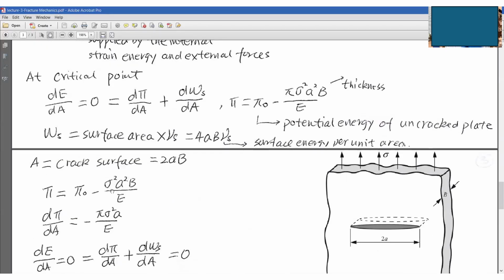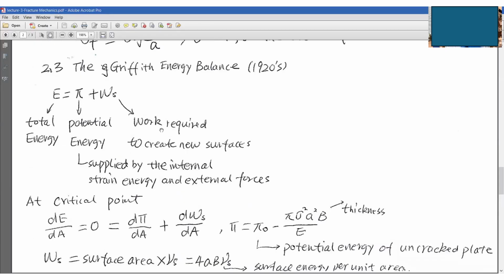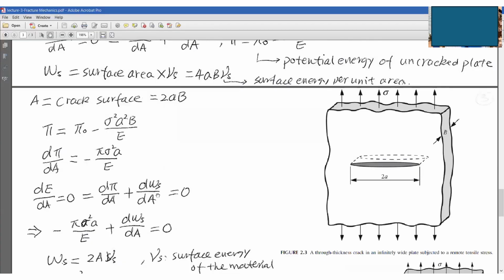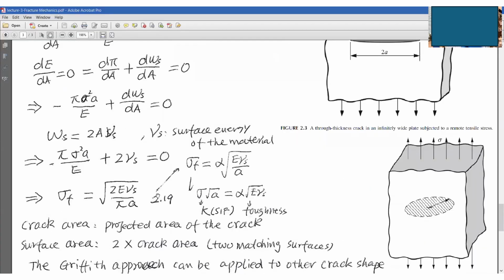So you should know this derivation and this process. I would suggest you do the derivation by yourself using your own hands. And if you have any questions, please come to see me.